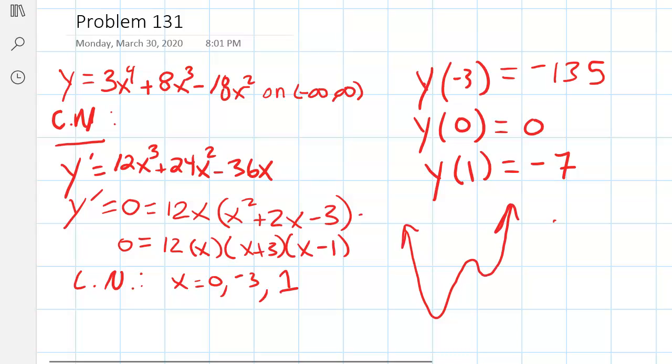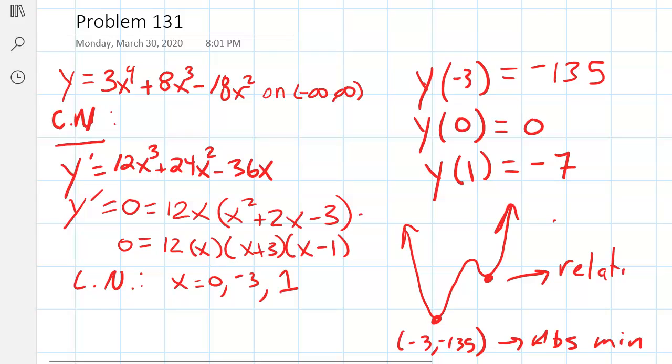And so if we wanted to, rough sketch this, this ordered pair down here is going to be -3, -135, and that will be an absolute minimum. Right here, it's not an absolute minimum because -3, -135 is lower, but this will be a relative minimum, or local minimum. I'll put both vocabulary words depending on which one you want to use.